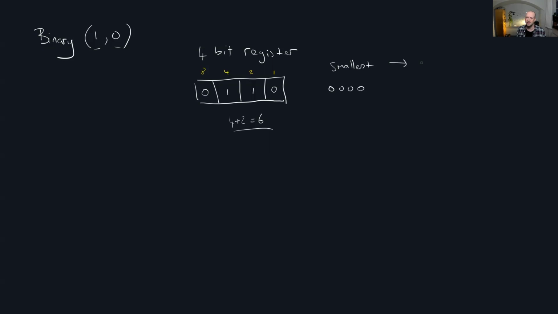Then what is the largest number we can represent? 15. 1 everywhere. That's a good way to put it. 1, 1, 1, 1. So this is great. We can represent from 0 to 15.